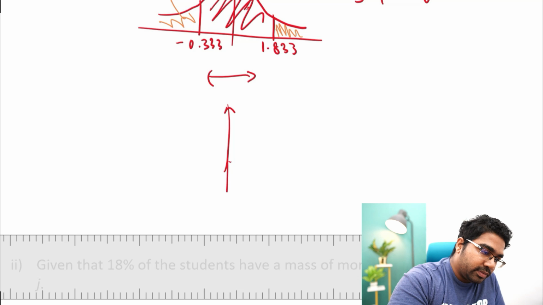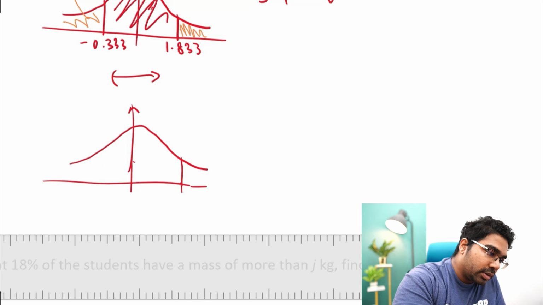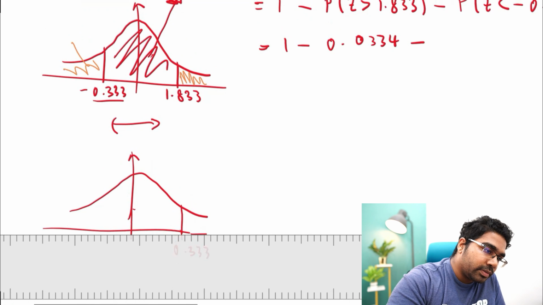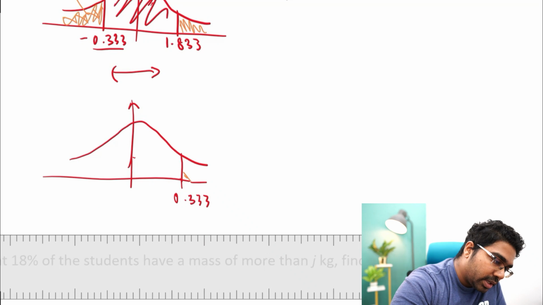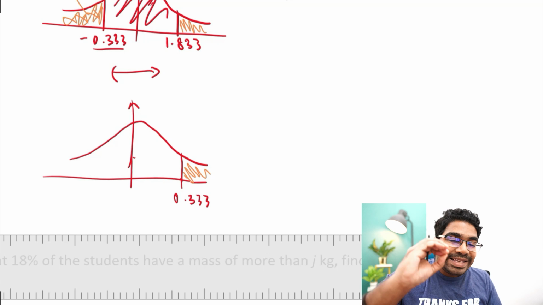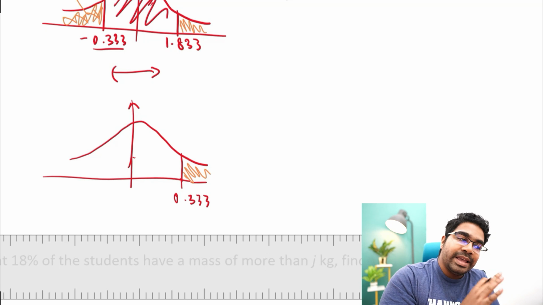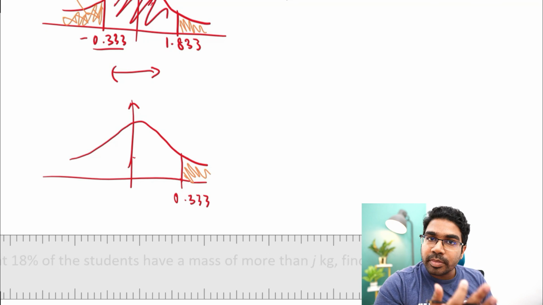What you will get is this. You will get a graph. So negative 0.33 will become 0.333. So actually what we want to find now is this area to subtract, the area on the left of it. But when you flip it over, it becomes the area on the right. See, probability is the area. So as long as the area is the same, it is the same value for probability.